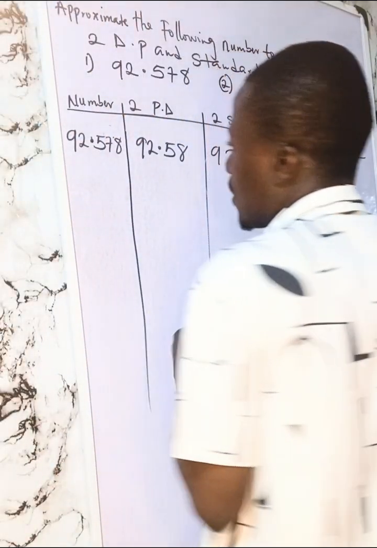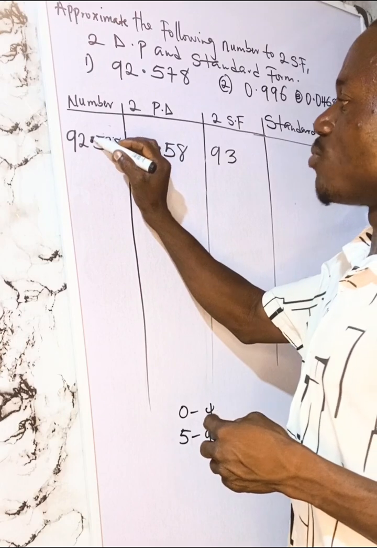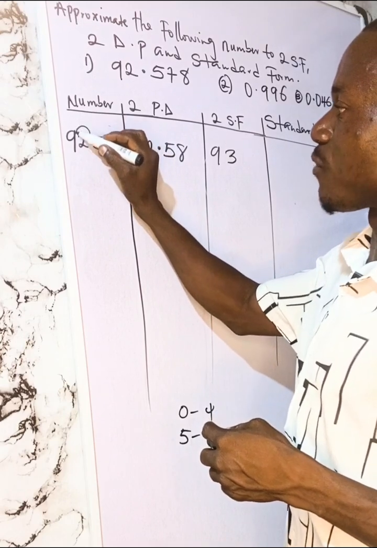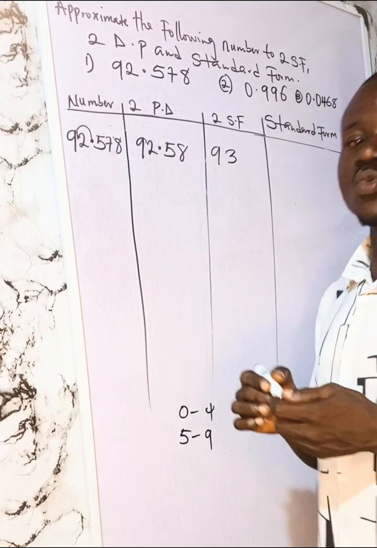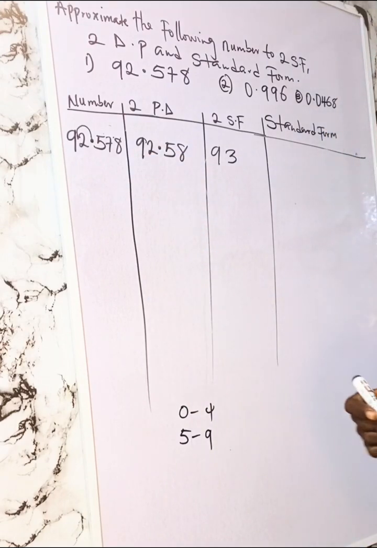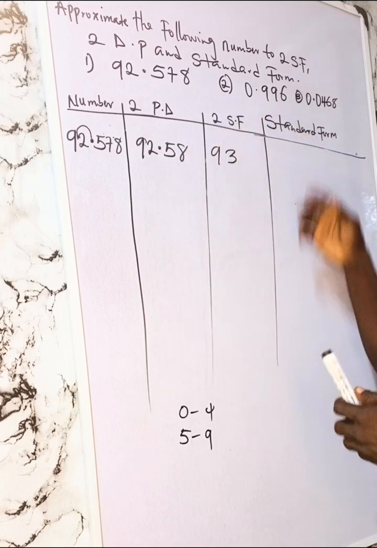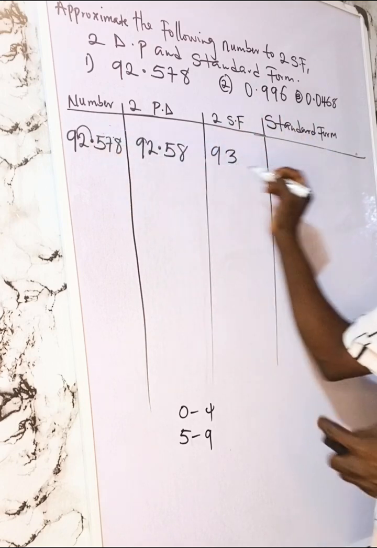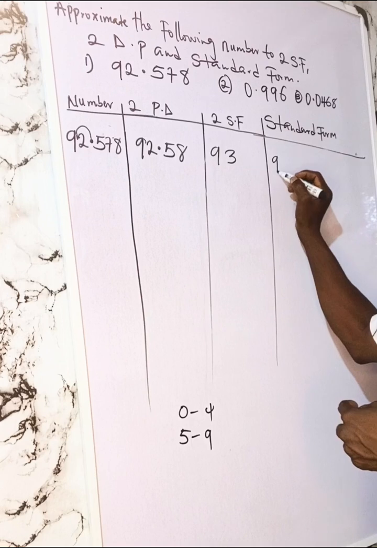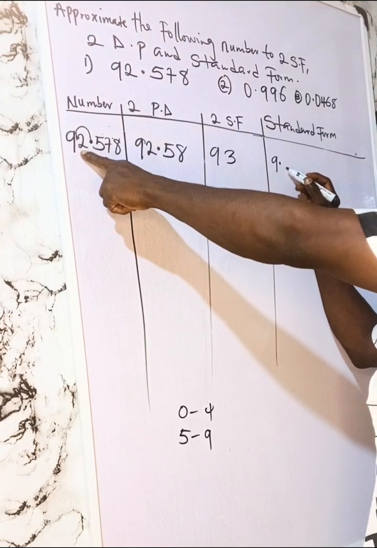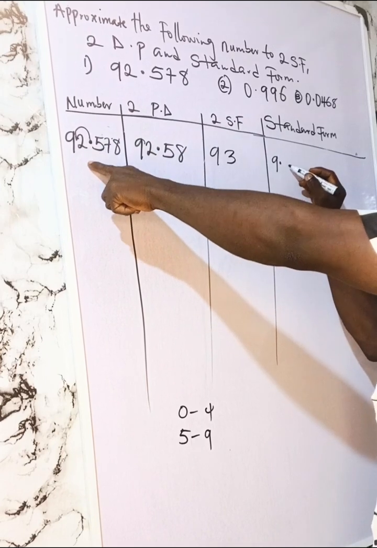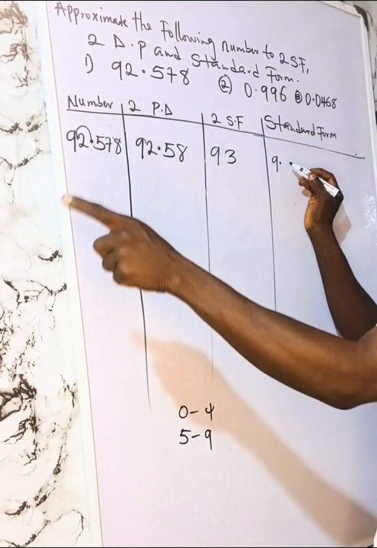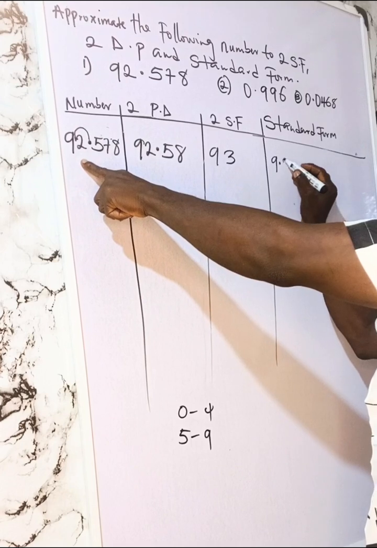Now let's go to standard form. In standard form, I need to move my decimal point to be in front of the first significant figure, because that is usually where the point is placed whenever we are to write in standard form. So the answer for standard form will be 9 point. I will change the position of the decimal point. It is now in front of the first significant figure, 9.2.